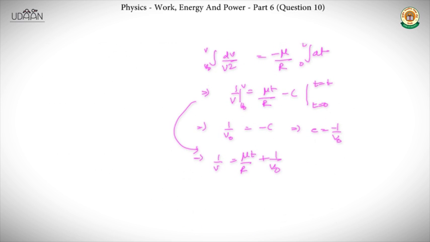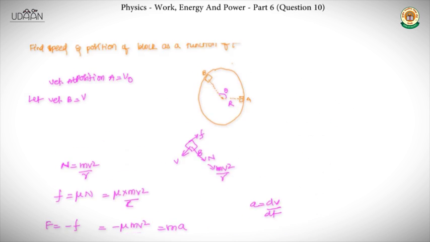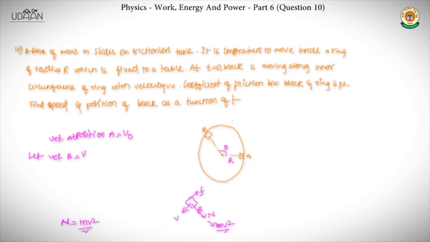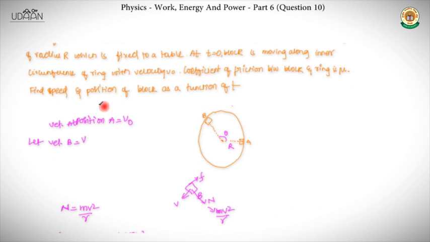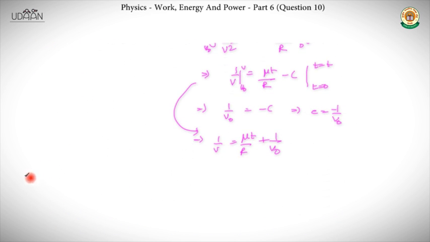From this equation we got the velocity in terms of t. It is asked to find the speed, so the first part of the question is solved. Now let's go to the second part. We got 1 by v is equal to mu t v naught plus r by r v naught.